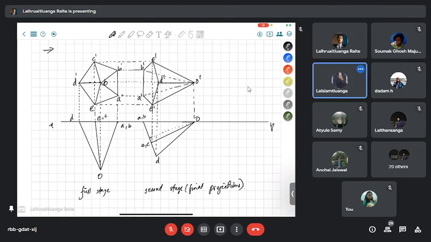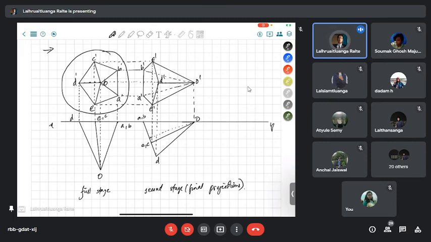Sir, in the first stage, could you please explain why we drew the pentagonal pyramid at an angle again? All right. The pentagonal pyramid at an angle, in the sense you are saying that at this particular orientation, right? Yes, sir. All right.